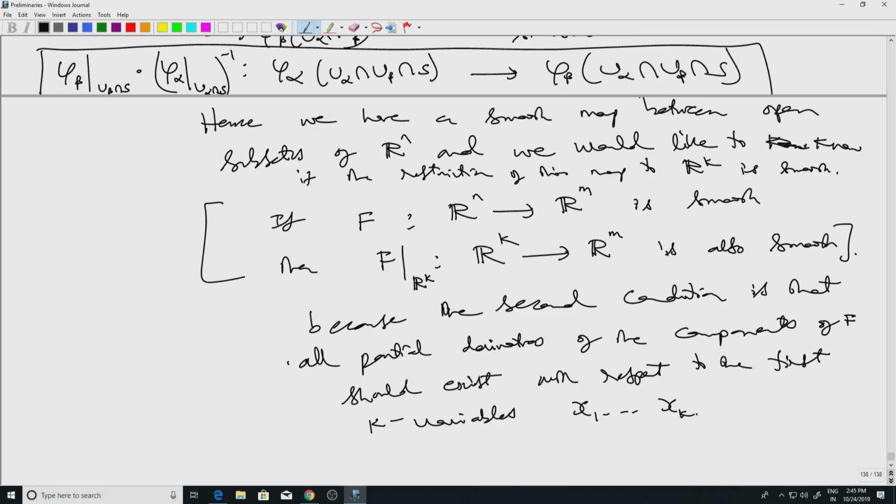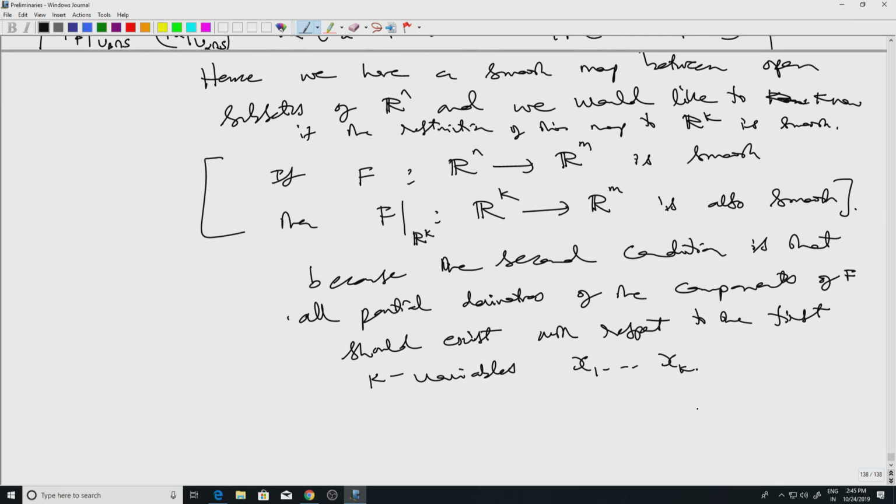The hypothesis is that with respect to all the variables, all partial derivatives exist. Here it's just for the first k variables. So that's it. So the smoothness of transition functions is immediate.